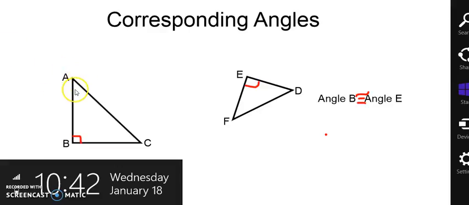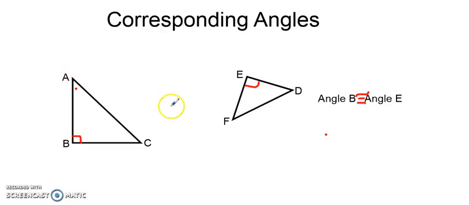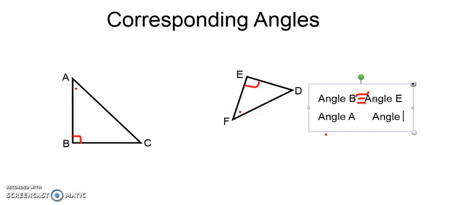And we also have angle A, which is going to be the same as F. So again, if we type it in, angle A and angle F, so they are congruent.